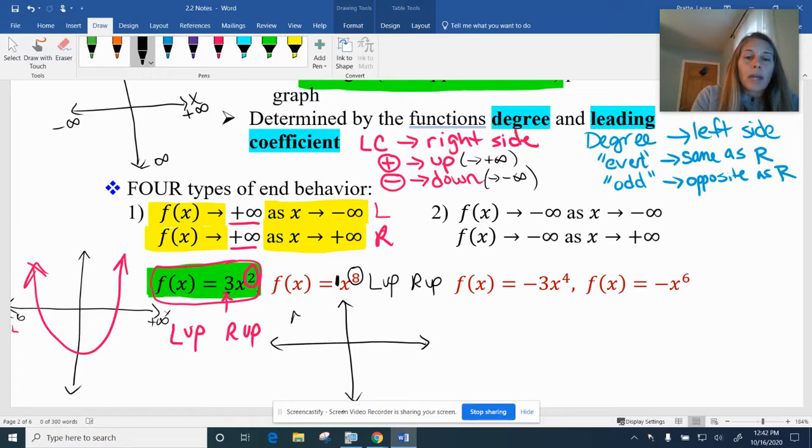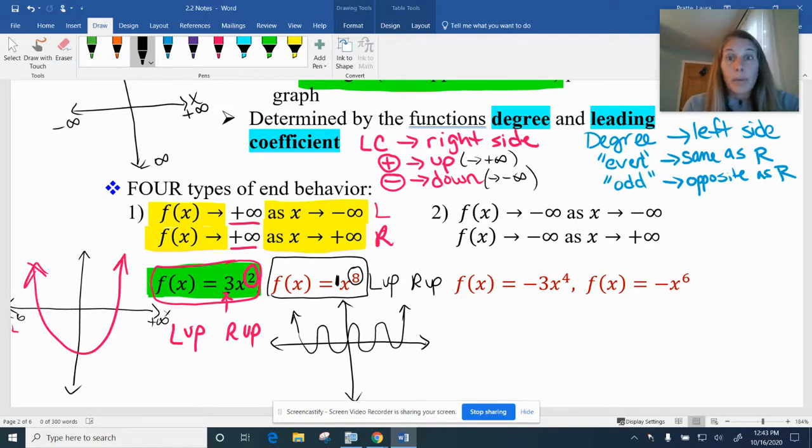So we would know that our end behavior for this graph here is also going to have two arrows pointing up. Now, because it's x to the 8th, that just has to do with how many times you're going to have like a dip or a minimum or a maximum in there. So I'm just estimating that right now. That's not so important just yet, but it's just the end behavior that we really want to focus on.